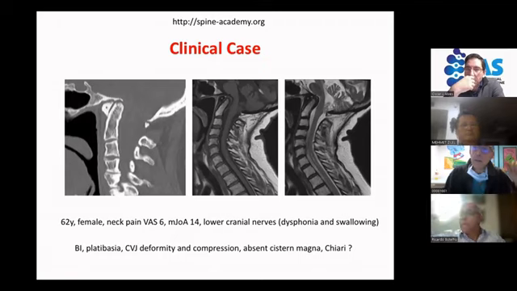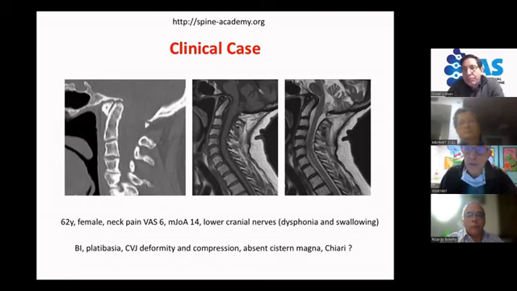But the aim of our surgery is to decompress the posterior cranial fossa. So you can decompress the posterior cranial fossa both by anterior approach, and this is an etiological surgical treatment, or second choice, or same choice, by posterior decompression without instrumentation and fusion, because there is no evidence of instability, and this we could call symptomatic surgical treatment.